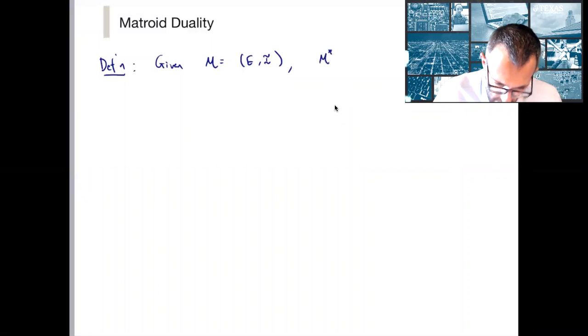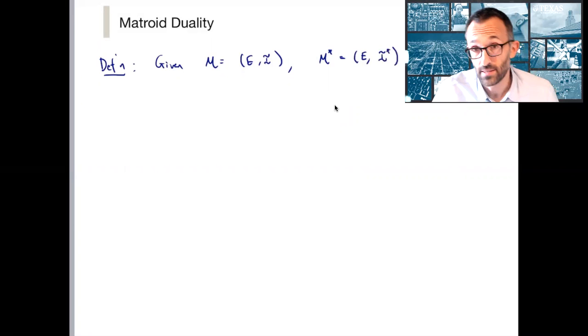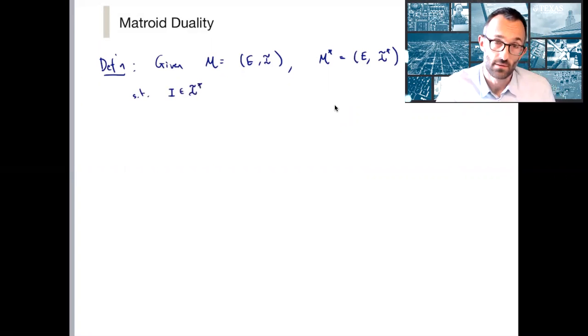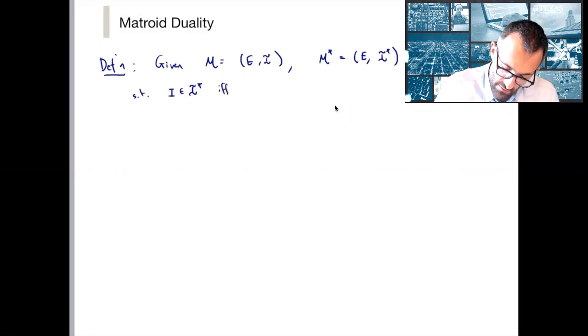M star is defined on the same ground set, and I will denote its independent system by script I star, such that some element I is in I star if and only if its complement is a base in I.